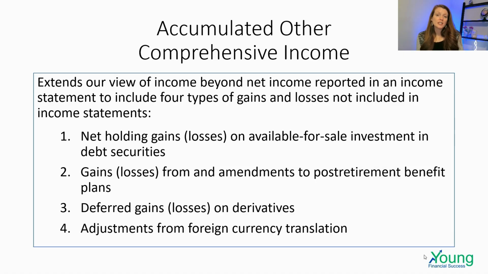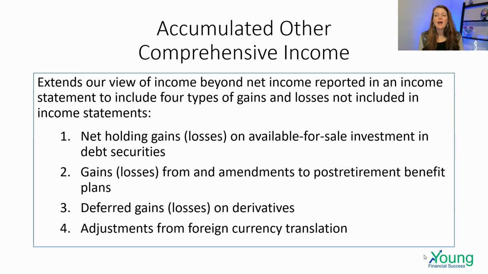Then we have adjustments from foreign currency translation. Again, we don't really get into this either in this class, but this is where a company is maybe solely or primarily based in the United States, but they do some business in other countries. Because of that, they may have a little bit of gain or loss whenever the currency is translated to the US dollar, and it can change over time.